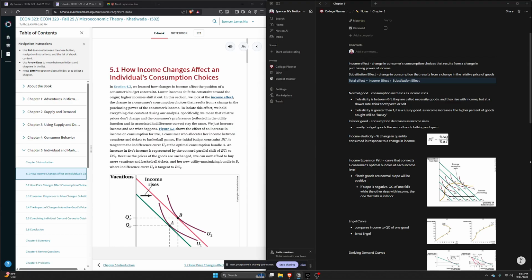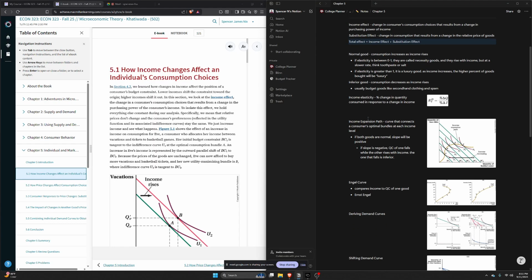And if you can afford a car and you don't need to ride the bus anymore, then you're not going to be buying very many bus tickets. So it can fluctuate and goods can change. The good never changes, there's always bus tickets, but it can change from a normal good to an inferior good.